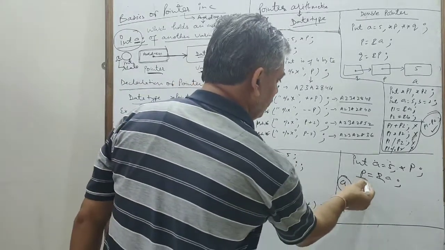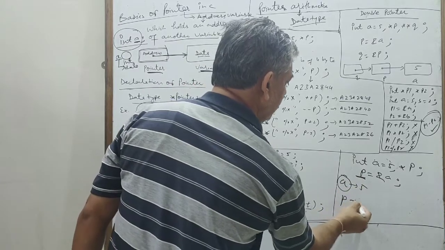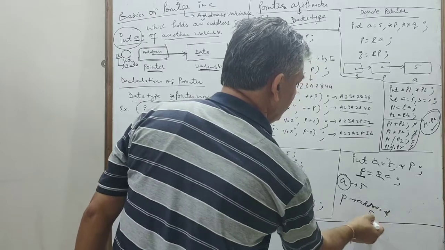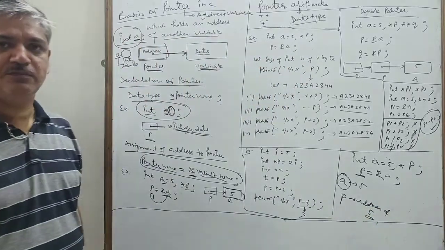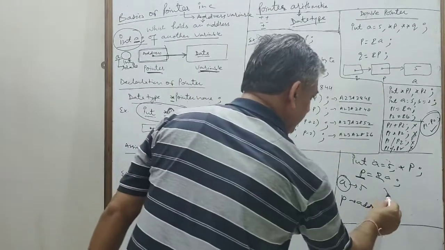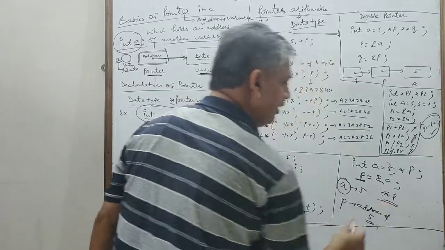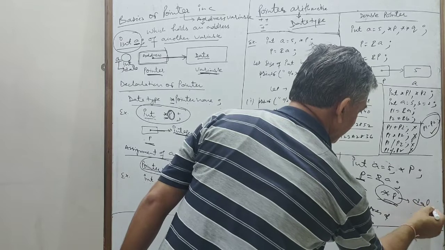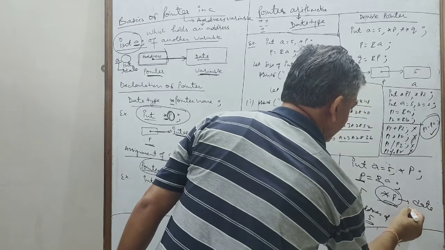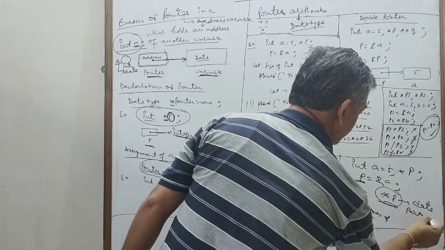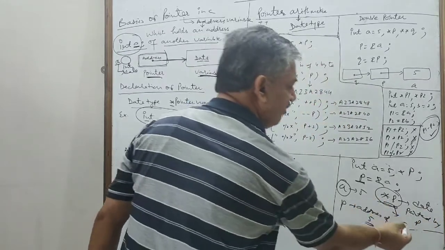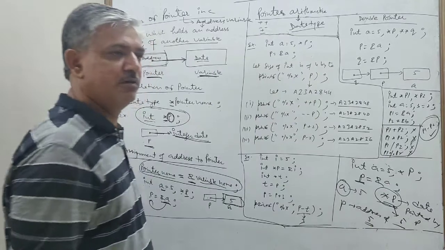But when we print p, p is the address of 5. What about *p? When we print *p, it is the data which is pointed to by p. It means *p is also 5.